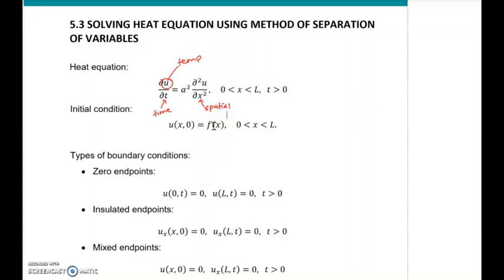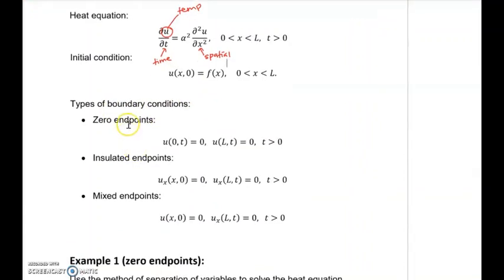And we should also have the boundary conditions. In the syllabus, we'll have only two types of boundary conditions. We are going to have examples on the zero endpoints. Zero endpoints means the temperature value at both endpoints is zero, and the second type is the insulated endpoints.